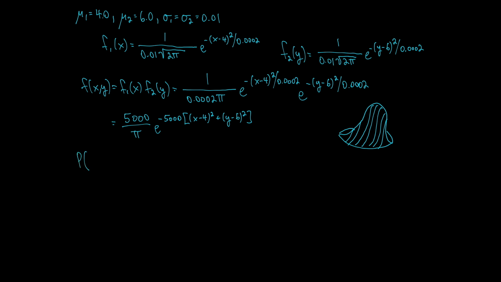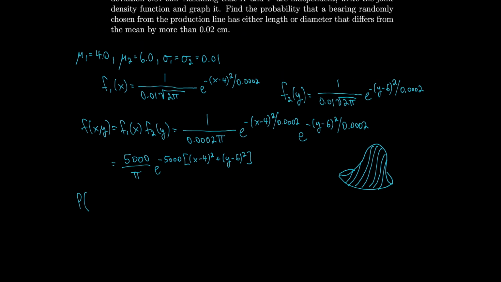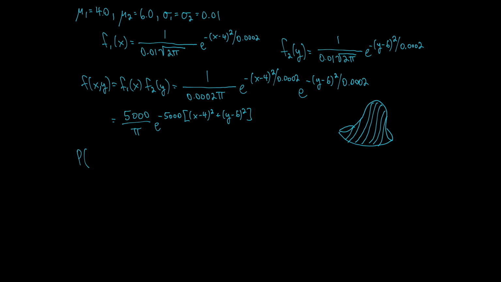Okay, so the probability that a bearing randomly chosen from the production line has either length or diameter that differs from the mean by more than 0.02 is probably easiest to calculate by finding the probability that it differs by less than 0.02 and then subtracting. So how about we find the probability that x is between 3.98 and 4.02.